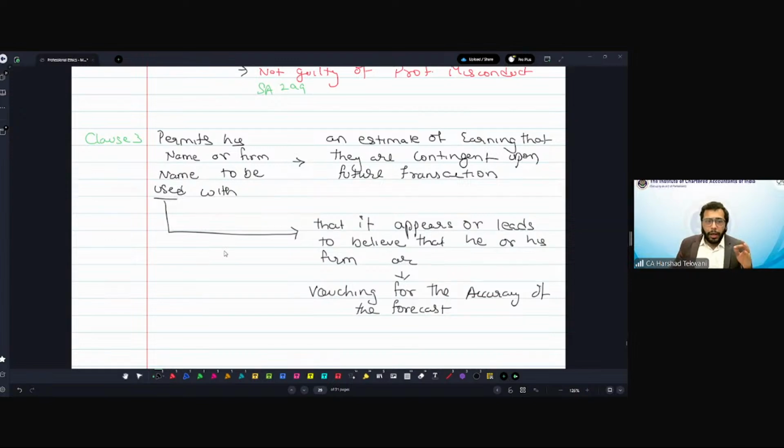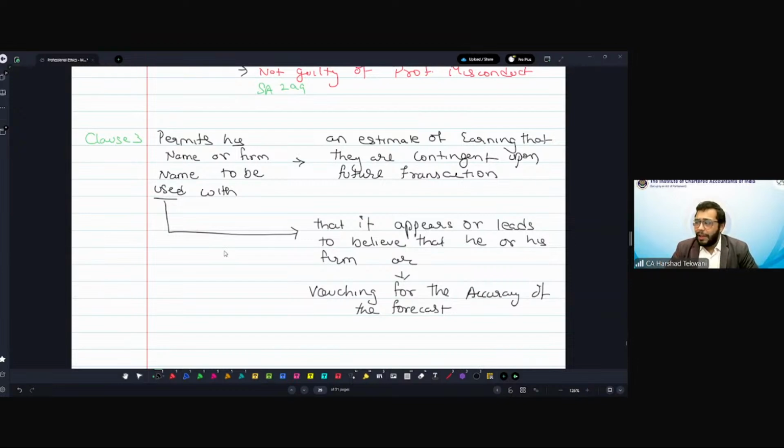First of all, he permits his name to be used in connection with an estimate of earnings. So let's say, for example, someone has prepared a provisional P&L or balance sheet or prospective financial statement for the next 5 years, just an estimate of how much amount is going to be earned, to show the firm's growth or something like that.